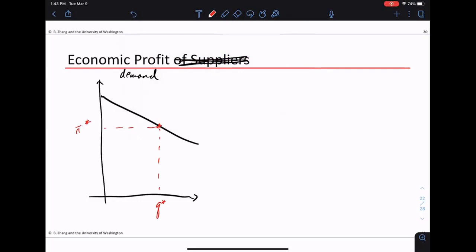Since all demand pays at the same price, the total amount that you pay is essentially this much. This is your total payment. So if this is your total payment, then what is this little piece here? What is this triangle area?